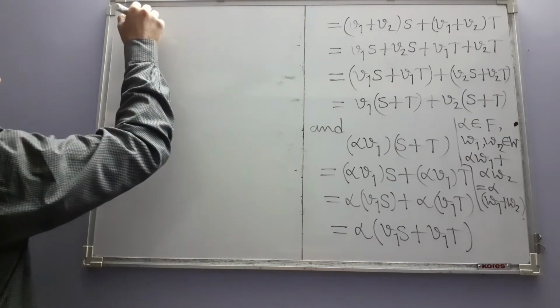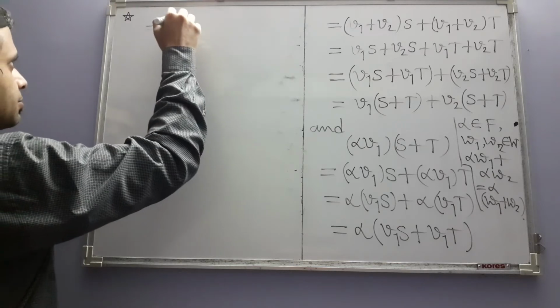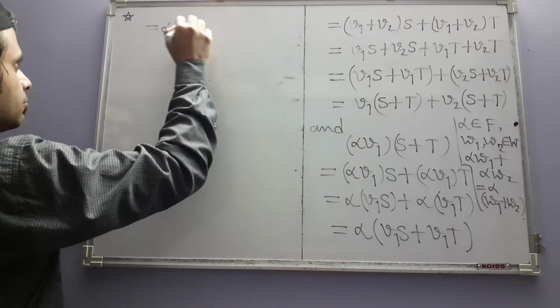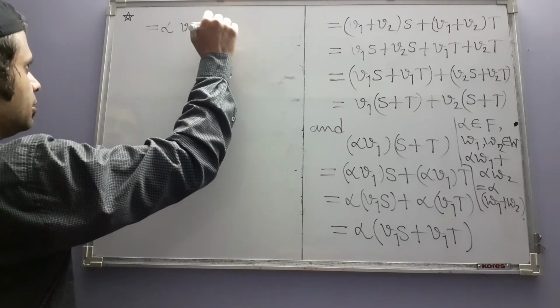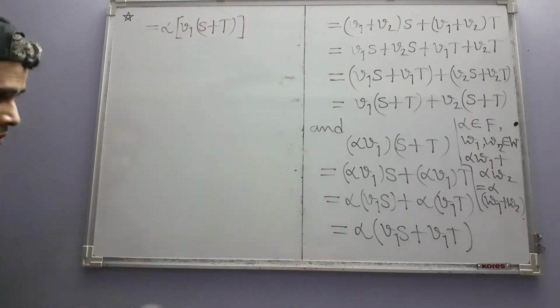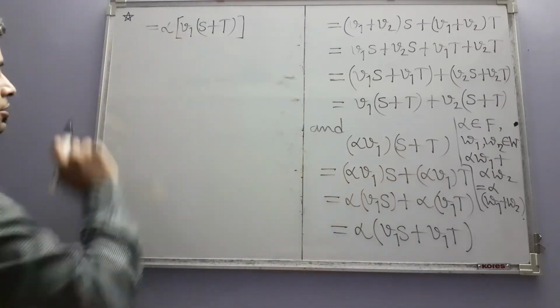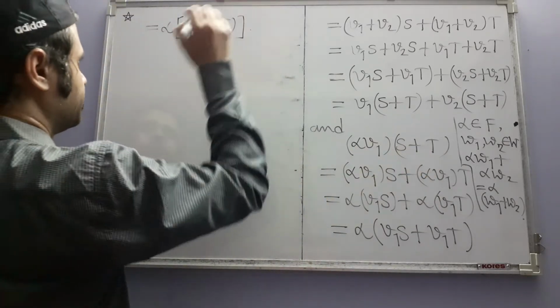So in this final step we write alpha times the S plus T image of V1. So you see that S plus T also respects scalar multiplication.